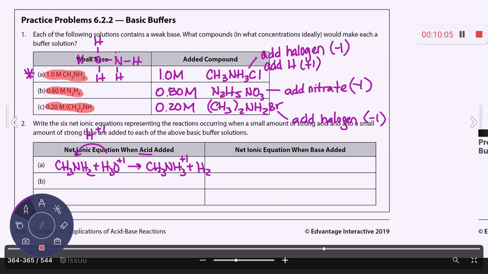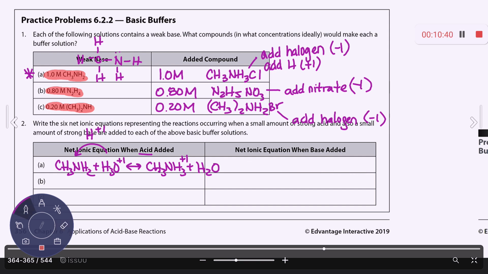Went too far. Okay. And then for the other one, if you add a base, add hydroxide, the hydrogen will now move in the other direction. I think I wrote the wrong one. I can't remove it from there. I have to go the other direction. Hold on. You can leave the hydroxide.